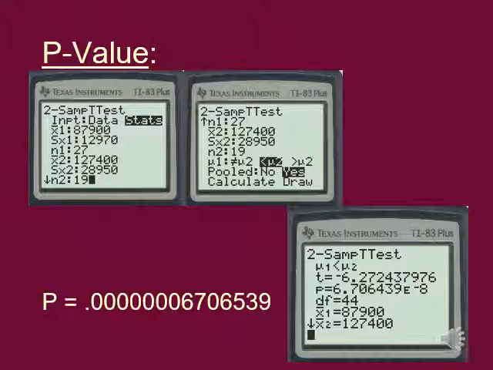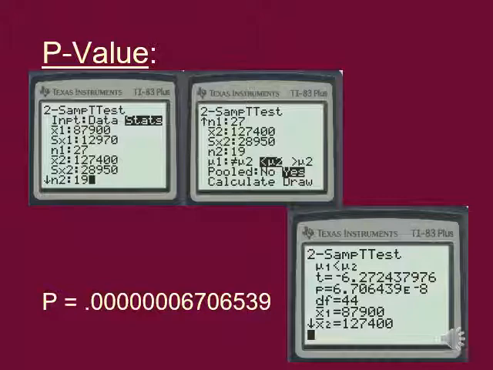Again, what you want to do is go to sample t-test in the stat tests menu. And we type in all the numbers that were presented in the problem. Again, realizing it's got to be average that comes first, and then standard deviation, and then the number.